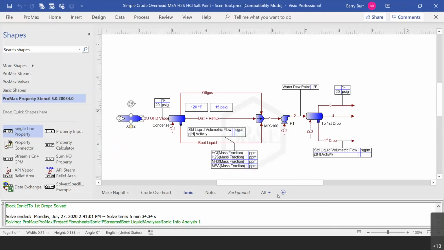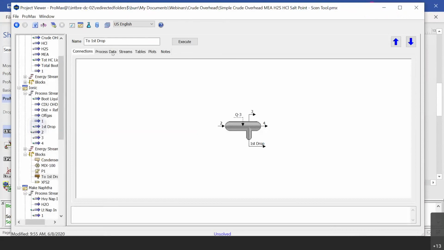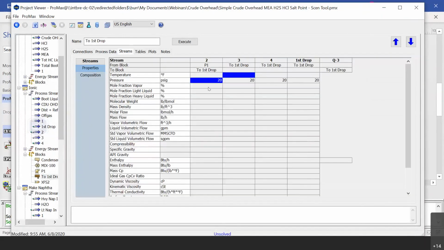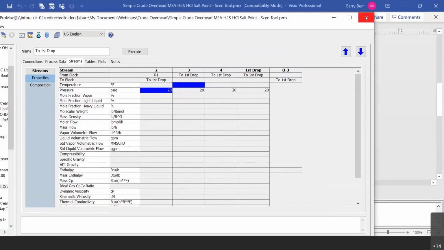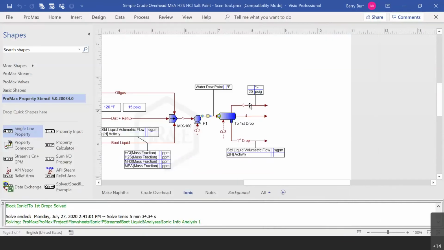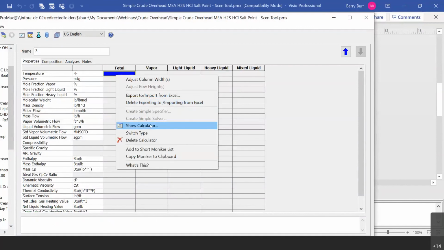And then the last thing is when we calculate this first drop, we are finding your setting. Let's see, I am now pressure, temperature. That's not what I expected to see right there. I've got to revisit this. Well, I think I picked a temperature that was just underneath the water dew point.